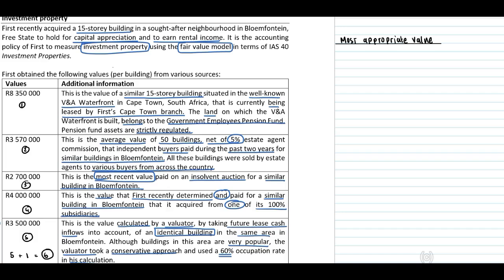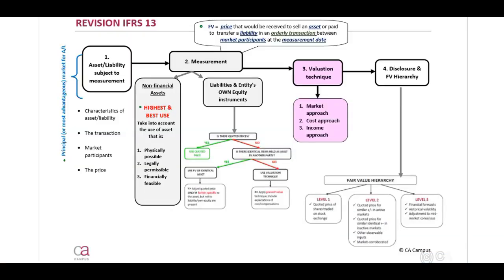Right. Okay. Now, before we look at this, I want you to please refer to your IFRS 13 revision page for me. Now, there's a few things that you need to remember, and if you can't remember these things, guys, please refer back to our IFRS 13 revision lecture. Now, it is important that your principal market should be used.